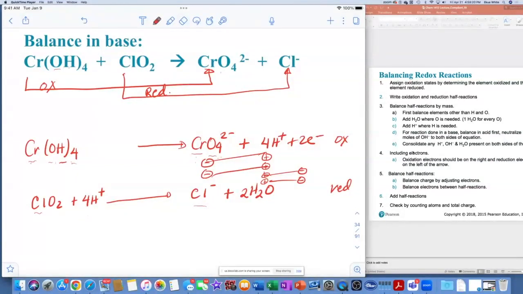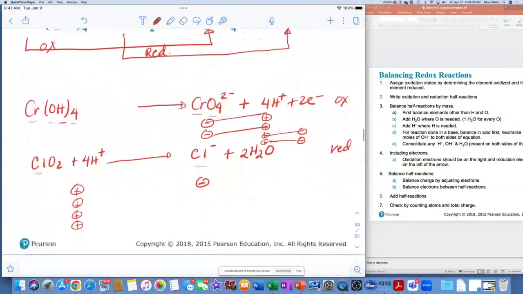And then on this side, I'll leave that here for right now. I have 4 positives. 1, 2, 3, 4. Right? I have 4 positives on the right side, but I have 1 negative on the left side. We can only add negatives. We can't add positives. And usually in the reduction reaction anyways, remember the electrons are on the opposite side of the oxidation.